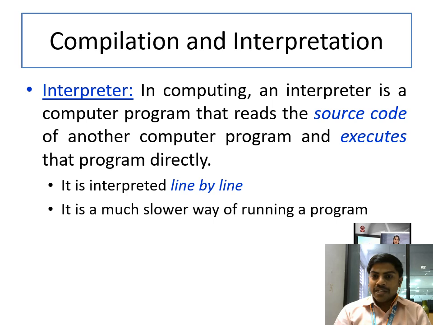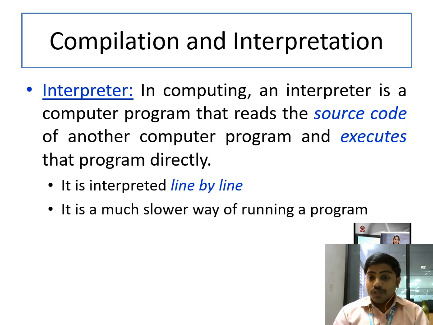Because the interpreter takes the first line of a program, transforms it, executes, takes the second line, transforms, executes, takes the third line, transforms, executes, and keeps on going. And that is why the interpreter is said to execute the program line by line.